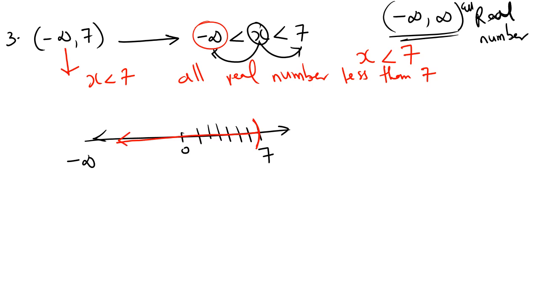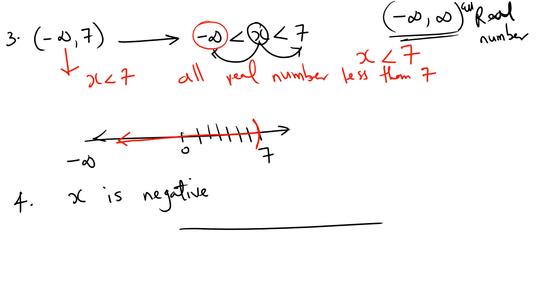All right, let's try another example. Example 4. For example 4, they have this in words. X is negative. All right, so how do we describe this? Again, we can describe this as an interval. So let me show you. When you say X is negative, say you draw and graph this, you have X here, you have 0 here.